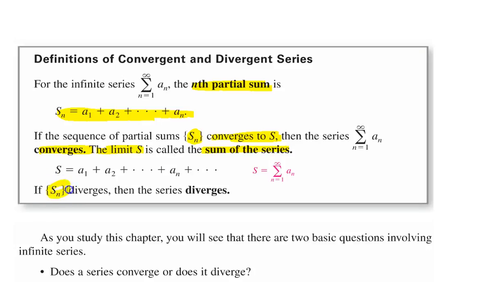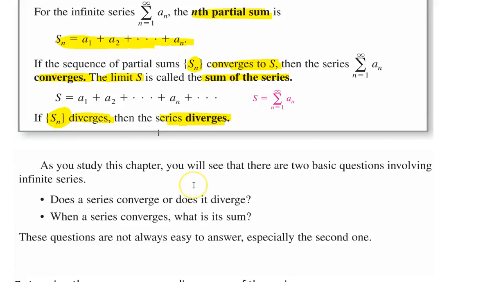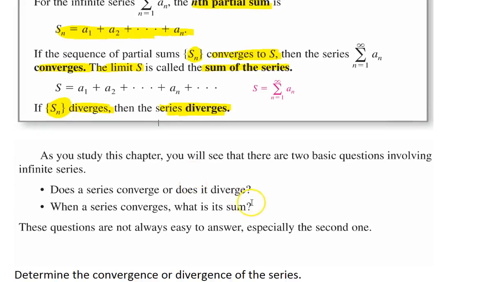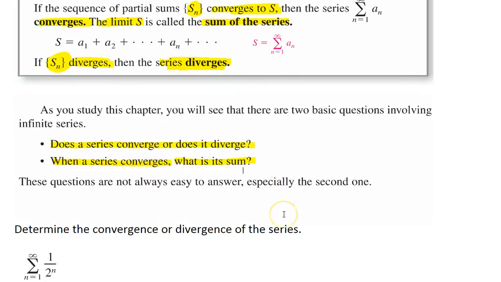Now, if the sequence of partial sums diverges, then the series diverges. Alright, as you study this chapter, you will see that there are two basic questions involving infinite series. Does a series converge or does it diverge? When a series converges, what is its sum? These questions are not always easy to answer, especially the second question.